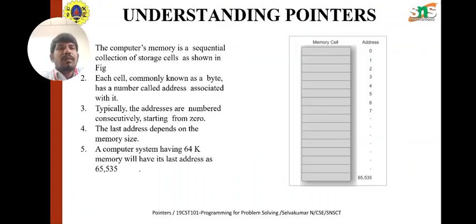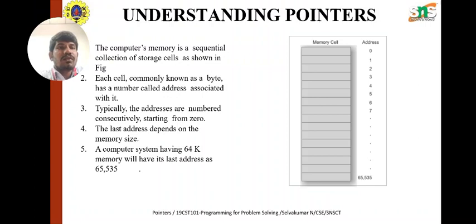Now, understanding pointers. Here the memory cells and addresses are mapped in the image on the right side. In memory we have a number of memory cells. For example, 64K memory has addresses up to 65535, and the first one starts with 0, which is the address of the first memory cell.